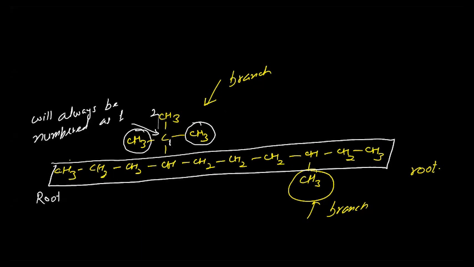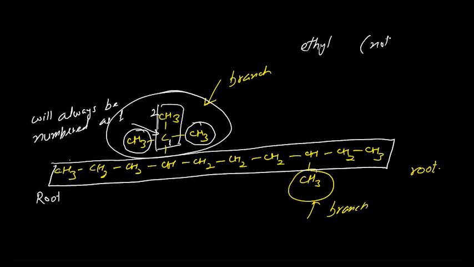So 2 methyl groups attached to first carbon, and the root is of 2 carbons. I am just naming this branch. What will be the root here? It will not be ethane. It is an alkyl group. So it will be ethyl. The root will be ethyl, not ethane.